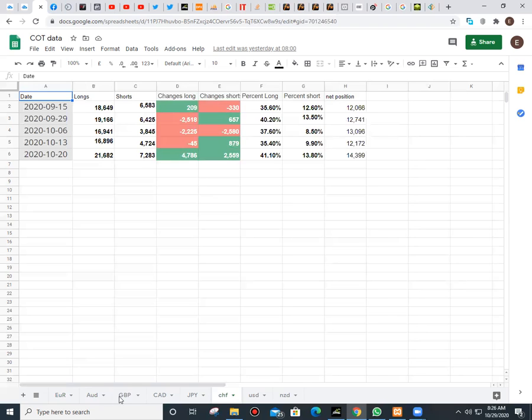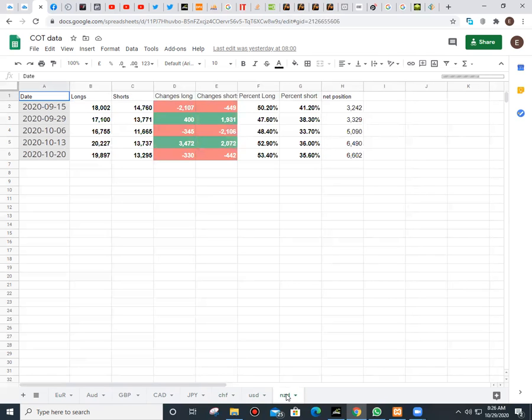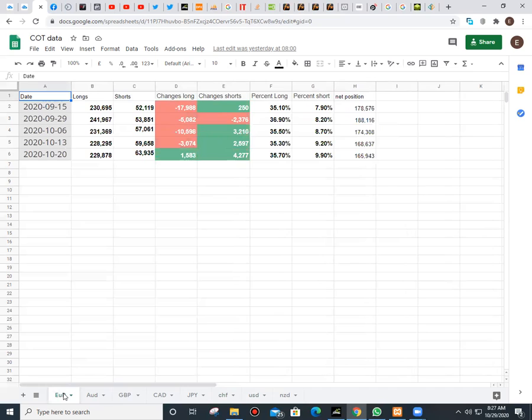It is here. This one here. Then the NZD, the NZD USD. Now, you have analyzed, let's say Euro USD. You just come and look at this data only, and you are good.